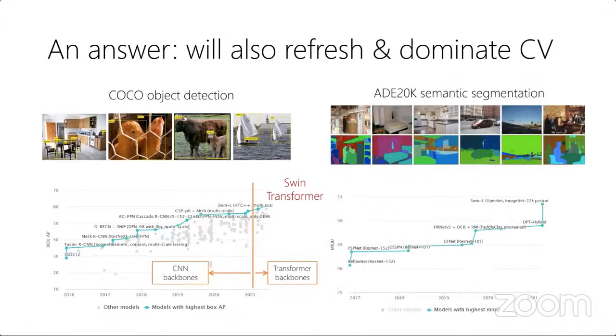Let's see another benchmark about segmentation, a task to produce predictions for every pixel. Also, before this year, all methods are based on a convolutional backbone. Now, transformer backbone surpasses all previous approaches by a large margin, concretely by Swin transformer also.